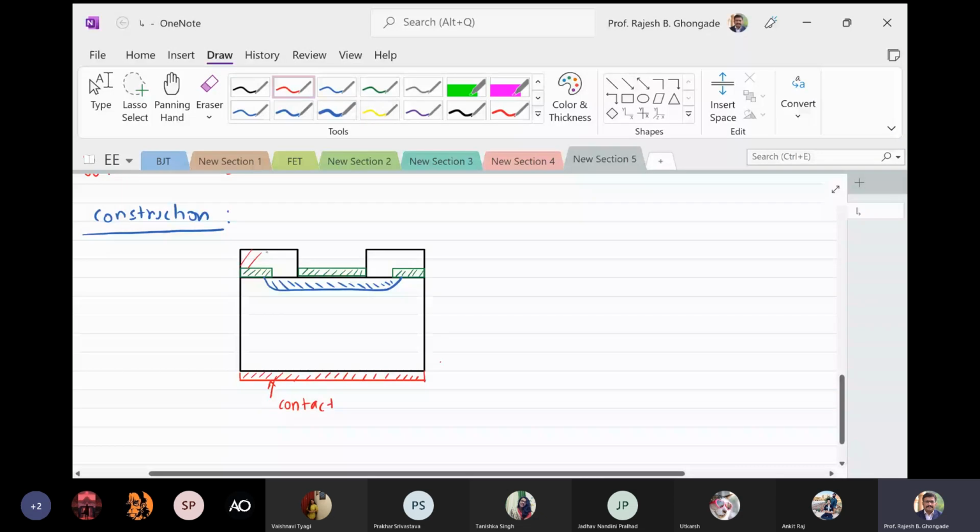Here you have the metallic contact. This is the SiO2 layer. So you must be reminded of the MOSFET. So this green thing is the SiO2. Here you have the light, rather the window for the light.